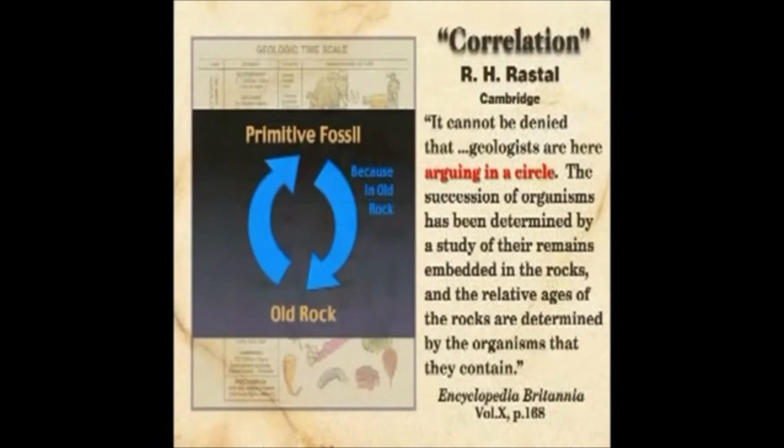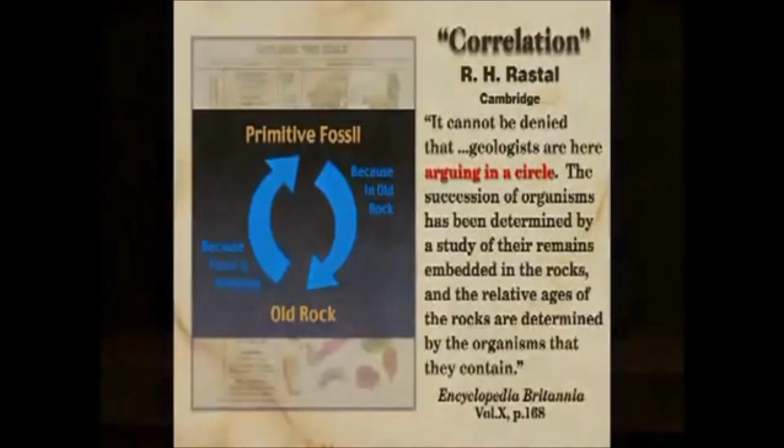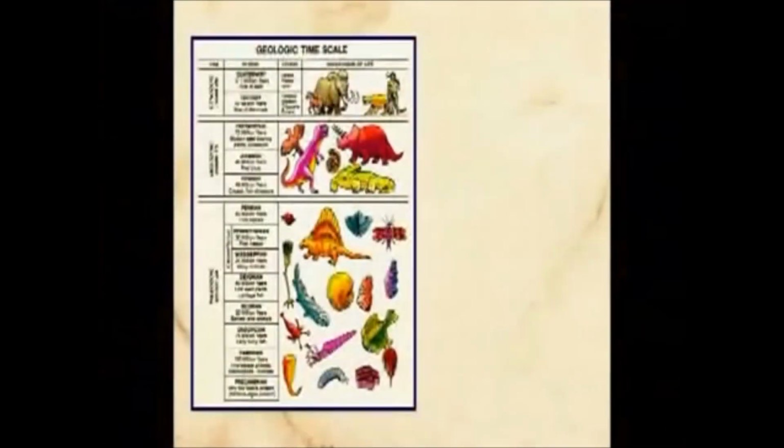Well, it's got a primitive fossil in it. And this is obviously not proving anything. But that is how this column in its complete form is built. You don't determine the kind of rock it is by the kind of rock it is, but by the critters that you find in it, the dead things in the rock, and how primitive you think they are.